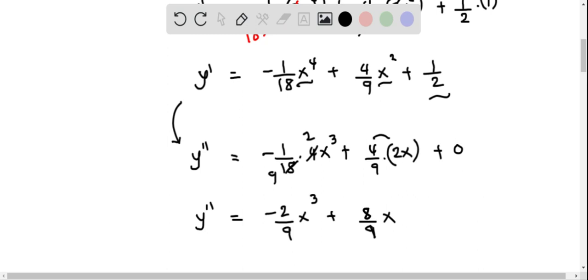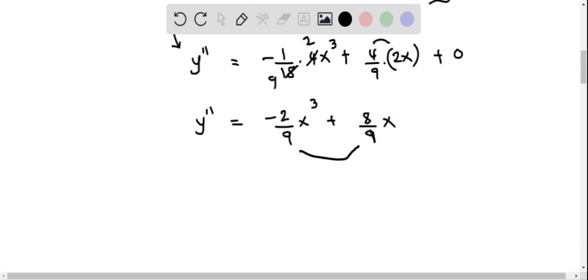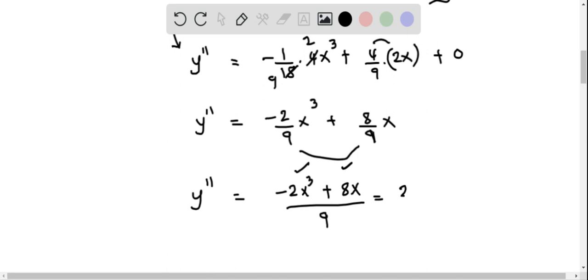Now we can combine these two terms since we have the common denominator 9. So we can rewrite y double prime as negative 2x cubed plus 8x over 9. And if we look at the numerator, we can factor out the GCF. The GCF of these two terms is 2x. So we factor 2x.